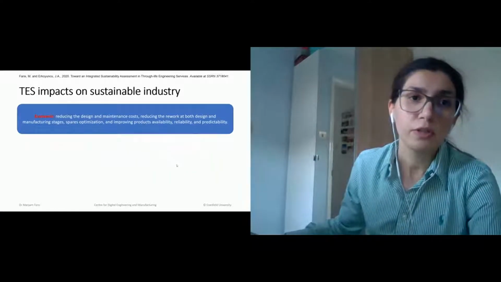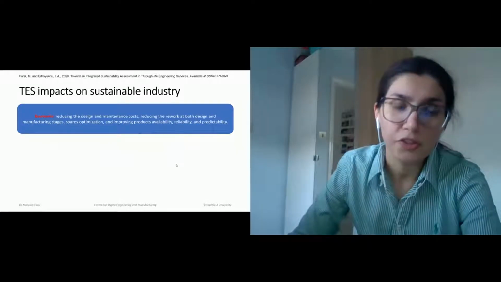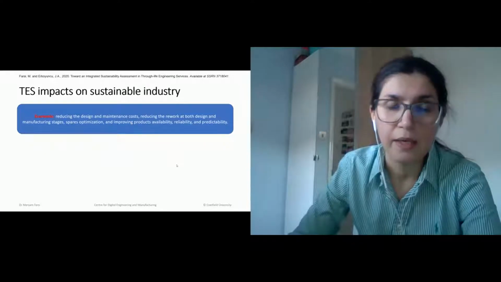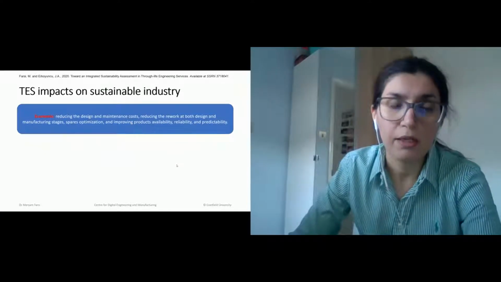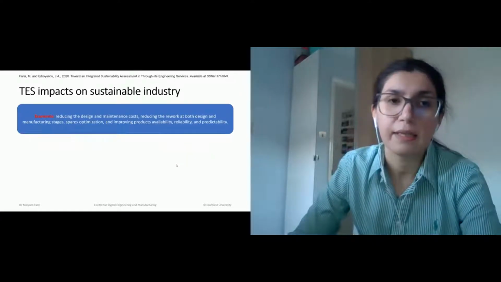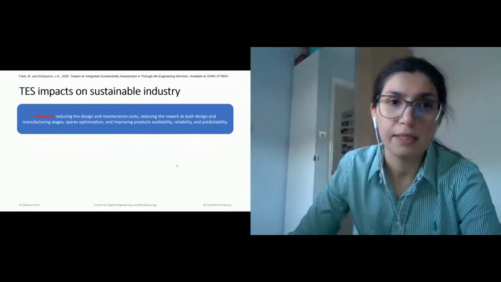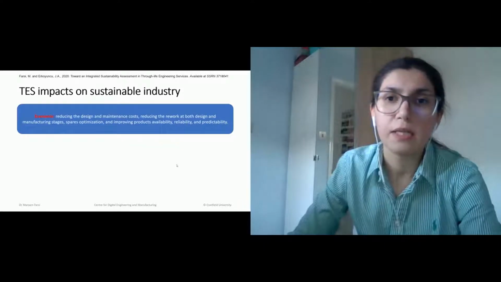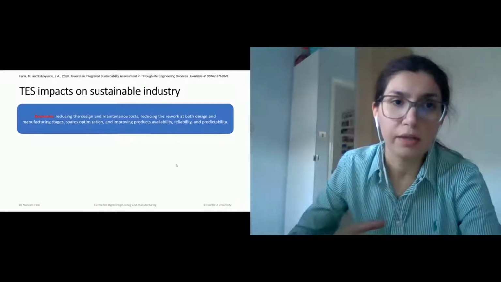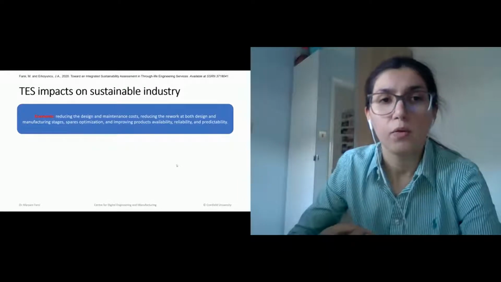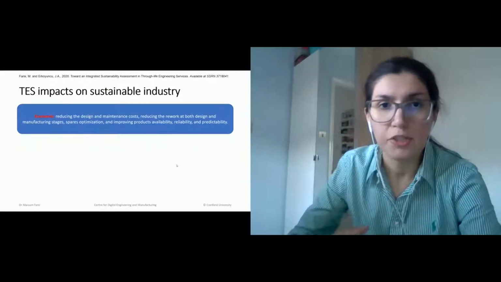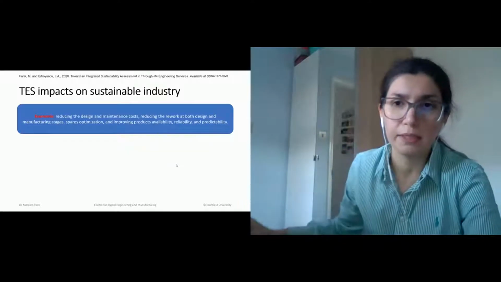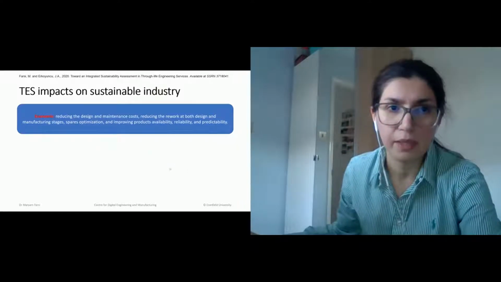So now, what are the potential impacts of TES on sustainability? If you are looking at the economic pillar, potentially TES can support sustainability in terms of reducing the design and maintenance cost, reducing the rework at both design and manufacturing stages, spare optimizations, logistics optimizations, and improving the product availability, reliability, and predictability.